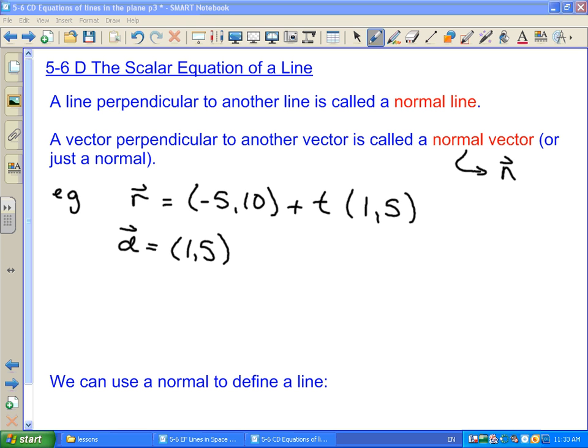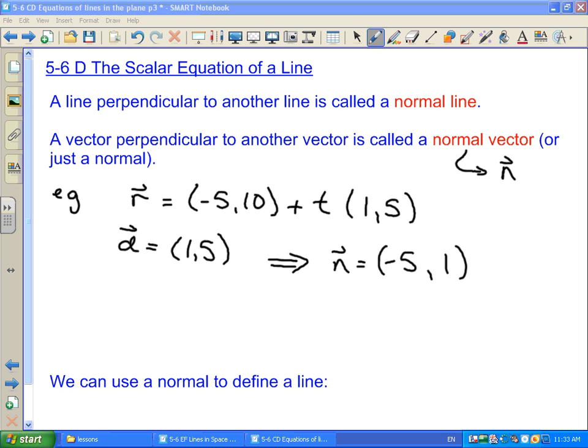The easiest way to get a vector that is perpendicular to a vector you're given is to take the x and y components and reverse them. So instead of (1, 5), I'm going to change that to (5, 1). And you make one of those two components negative. So I'm going to make my 5 negative.